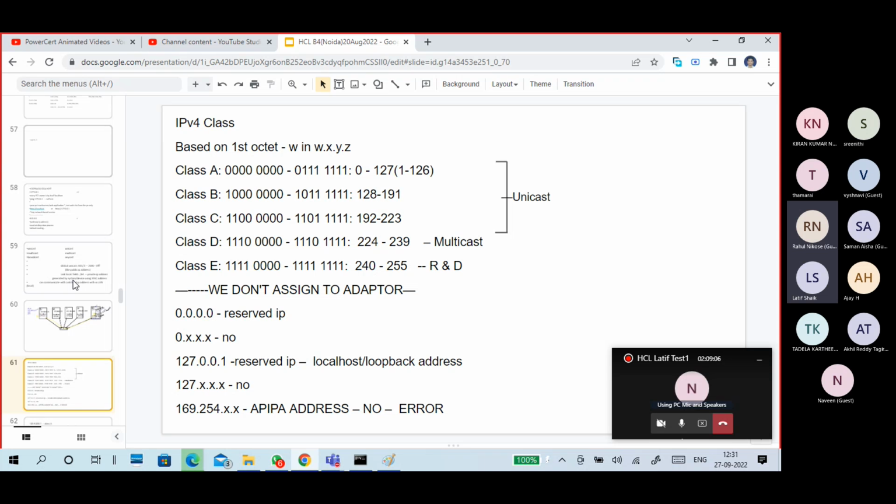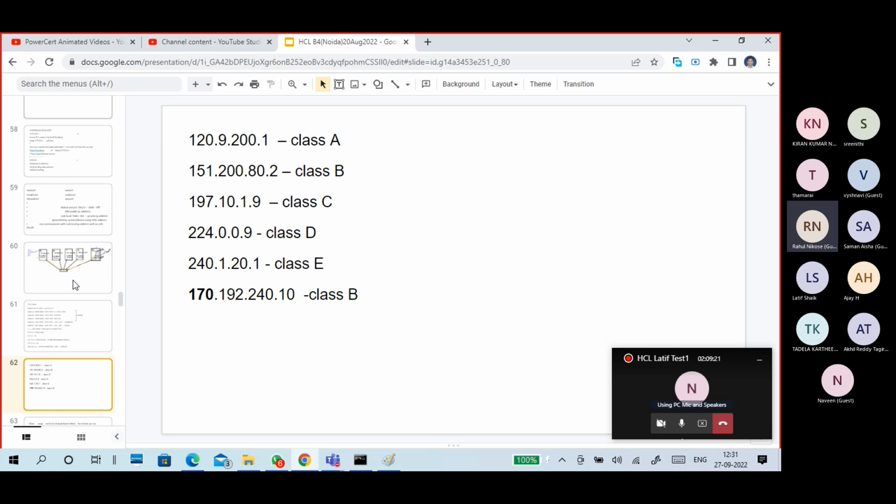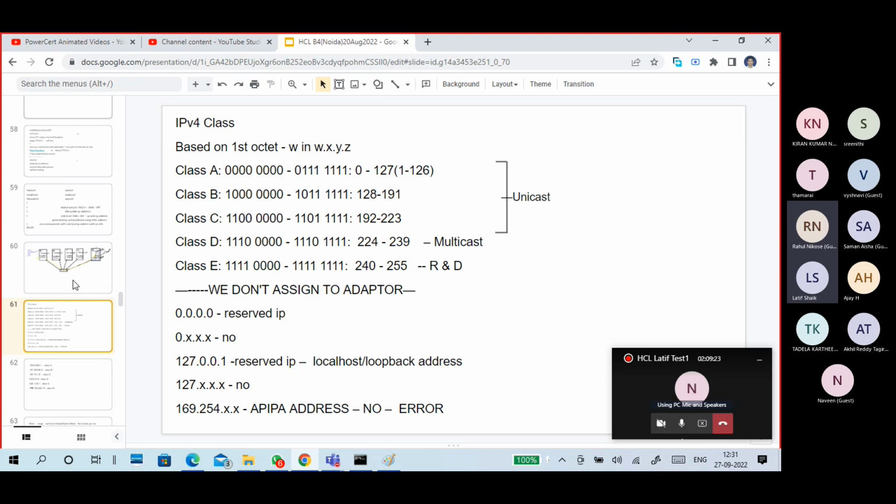So that is the universal broadcast address. Generally we don't use class E addresses except this one.